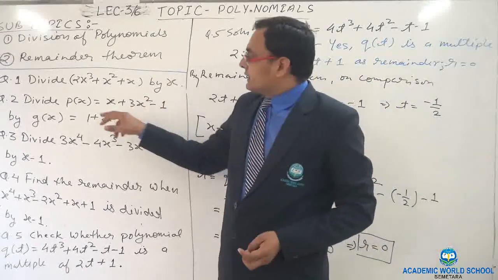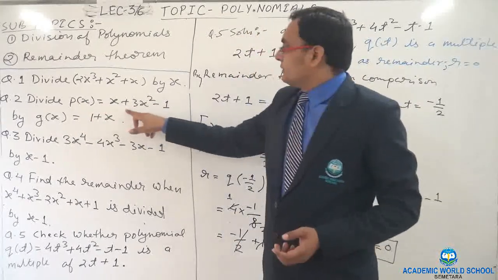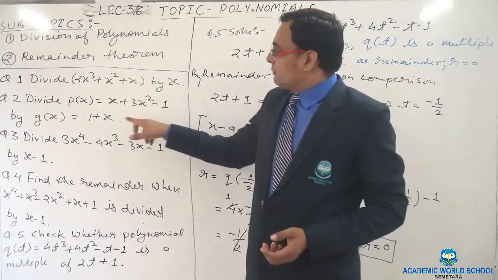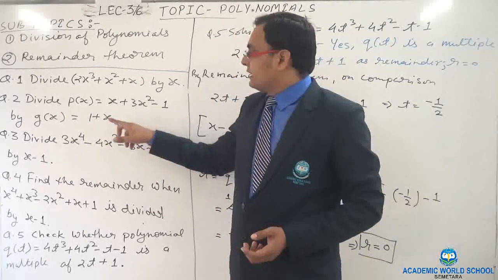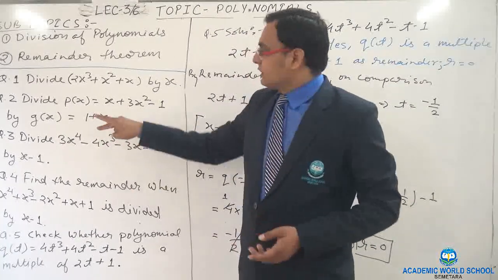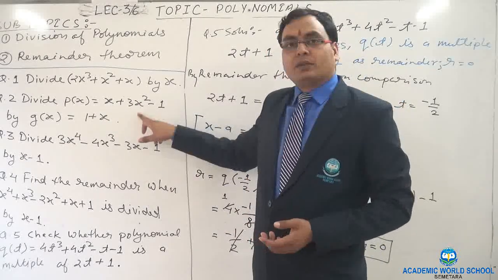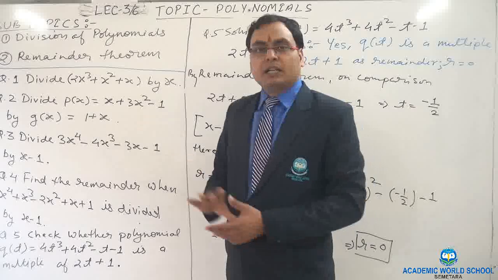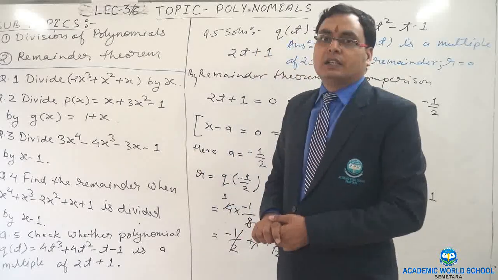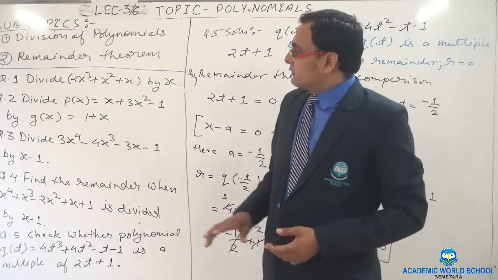Further, we discussed the division of this polynomial, which is a quadratic polynomial, by this linear and binomial. It is having 2 terms. So we first of all wrote them in standard form and then we divided it step by step by our division process.